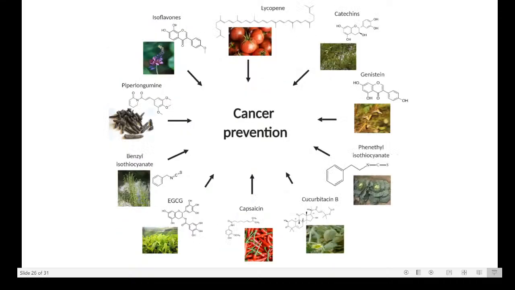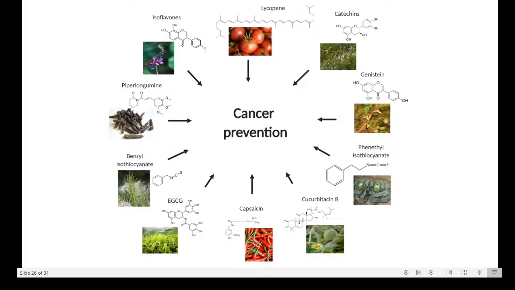Okay, cancer prevention phytochemicals. What are the cancer prevention phytochemicals? I think it's too lengthy, but I wish to tell this because it is a very important thing for your future as herbal technology researchers. So I am mentioning it here.